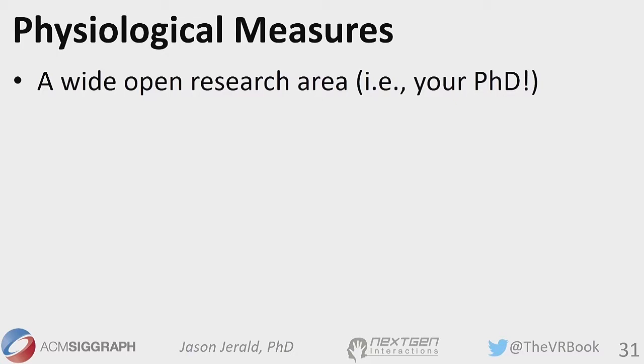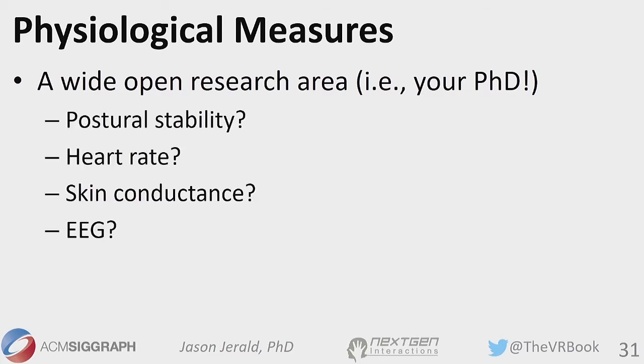Physiological measures, I mentioned that briefly. People are definitely looking at that, but that's challenging because those physiological measures can be so noisy. So that's definitely a wide area of open research. Some examples of that: postural stability. That's very interesting. So there's a hypothesis out there.